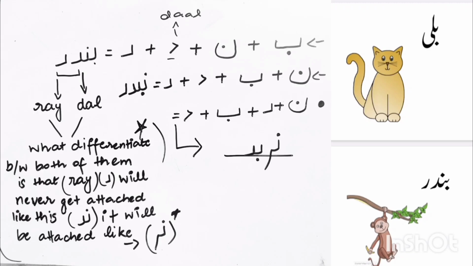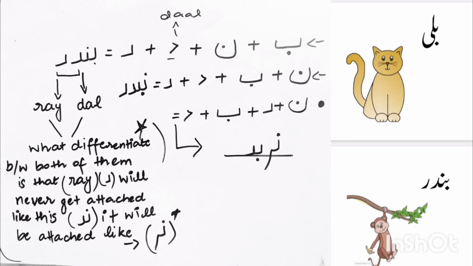When writing dal, you can add a little hook or make it a little different. But in digitalized form, noon and dal will always be connected like this, while re will never be connected like this.